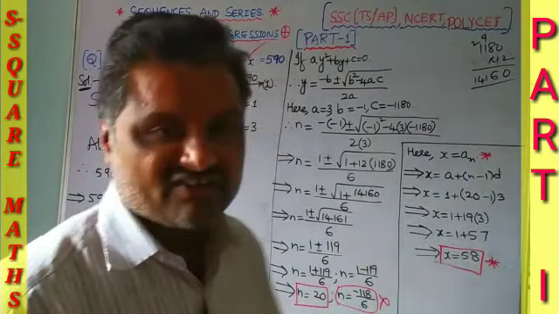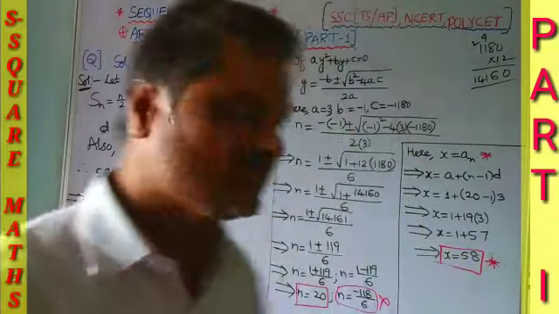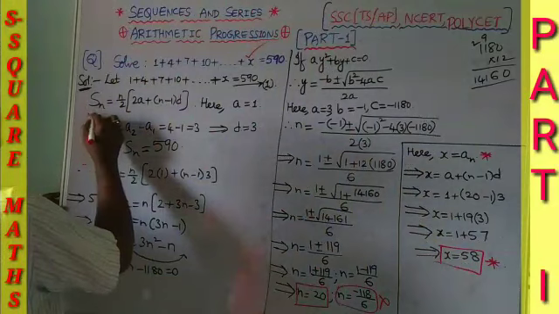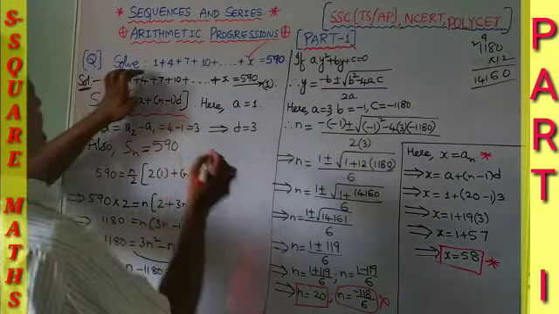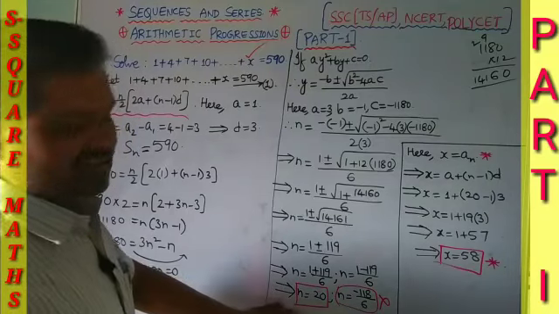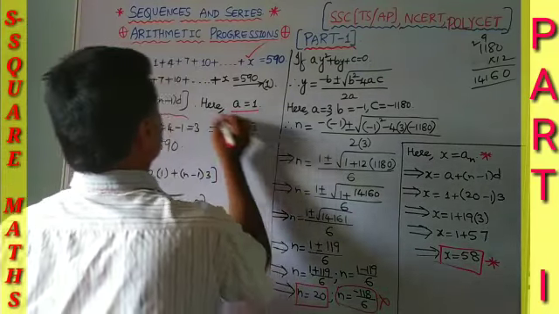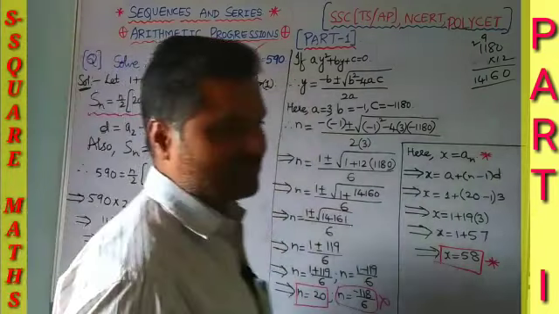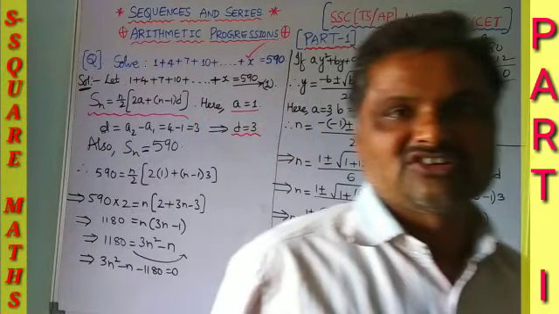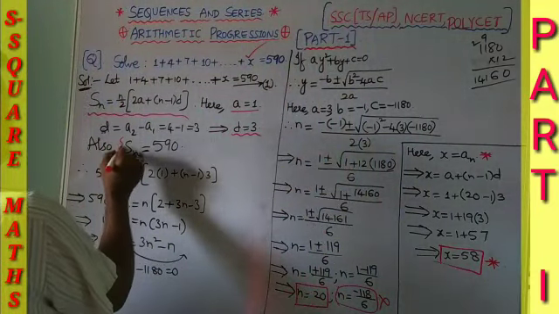After going through the question, pick up which formula has to be considered. We have to consider Sn because the sum of the terms is given. Here we are going to get the n value as 20. Here a is equal to 1 and d is equal to 3. Obviously, the difference between any two consecutive terms is the same, here nothing but 3, and this plays an important role.